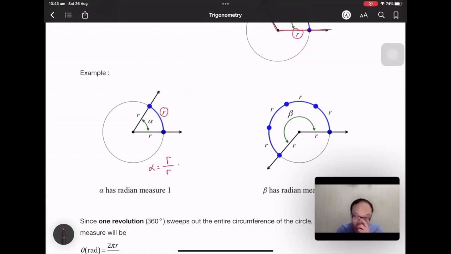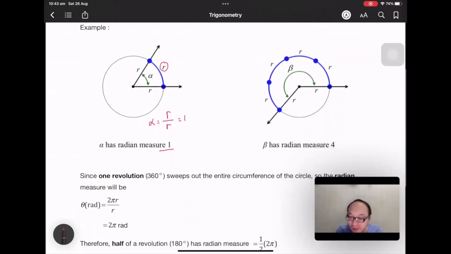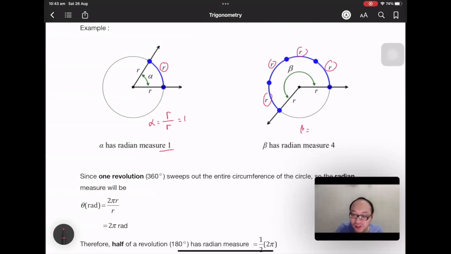So this is 1. So this is radian measure 1. And for beta, we have S equals 1, 2, 3, 4 compared to R, in ratio with R equals 4 radian. So this beta has the radian measure 4.